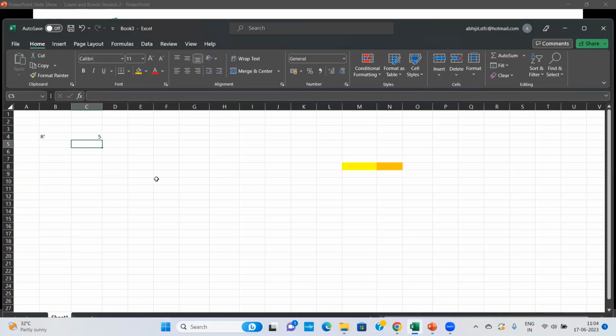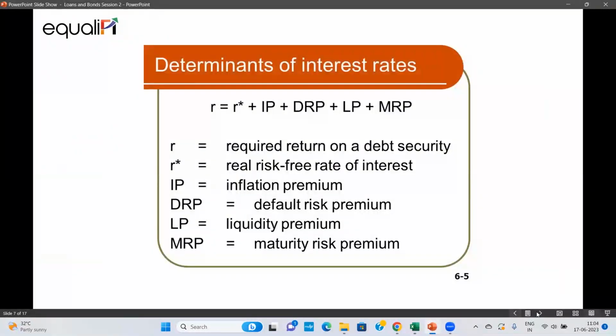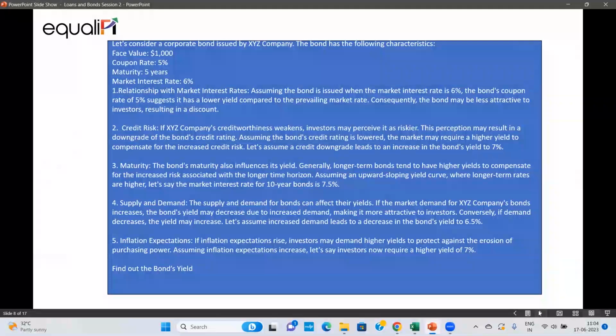Right? Next, what they are saying, inflation premium.